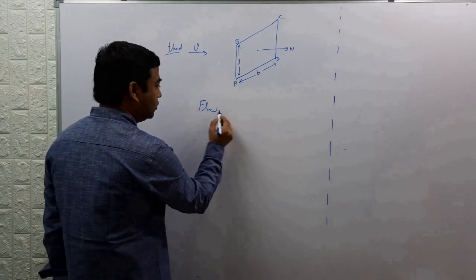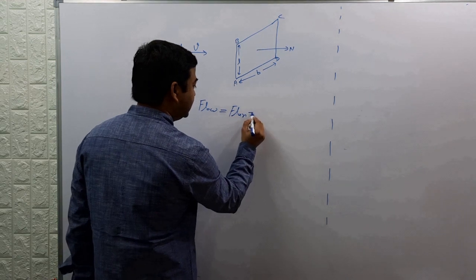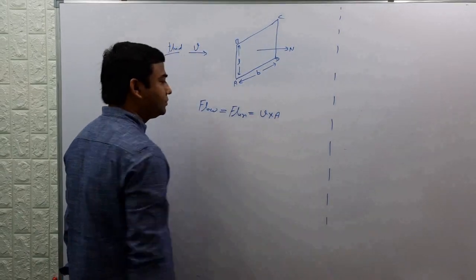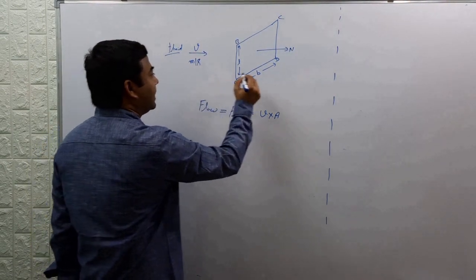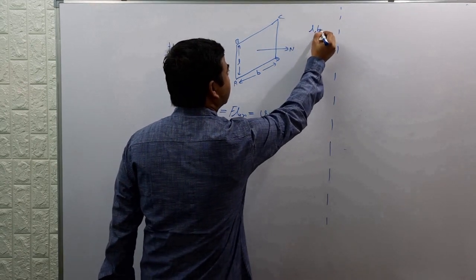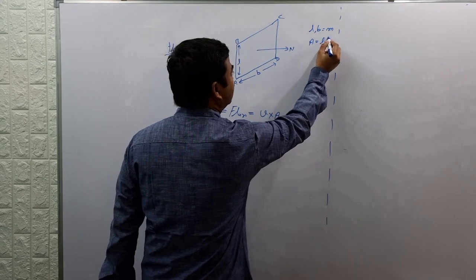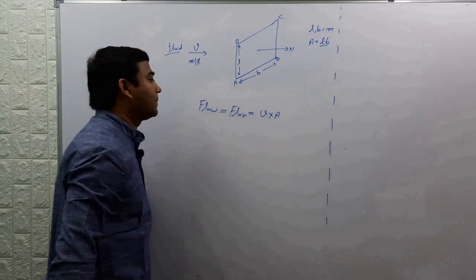In this case, flow or flux is equal to V into A. Let velocity be in meter per second and L and B in meters. So area is L into B, the area of this rectangle.